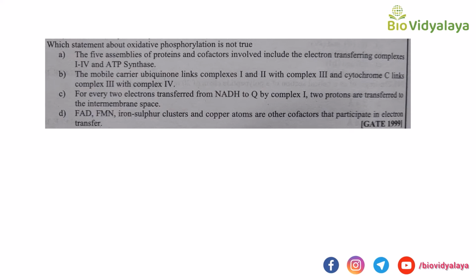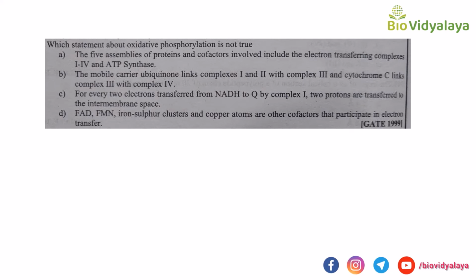Option C, for every 2 electrons transferred from NADH to Q by complex 1, 2 protons are transferred to the intermembrane space. Option D, FAD, FMN, iron sulfur clusters and copper atoms are other cofactors that participate in electron transfer.